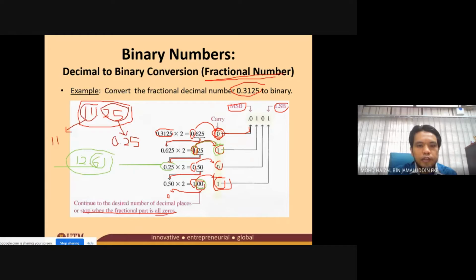If it is a combination of the whole number and the fraction number, you need to solve it separately. For the whole number you need to divide, and for the fractional number, you need to multiply.